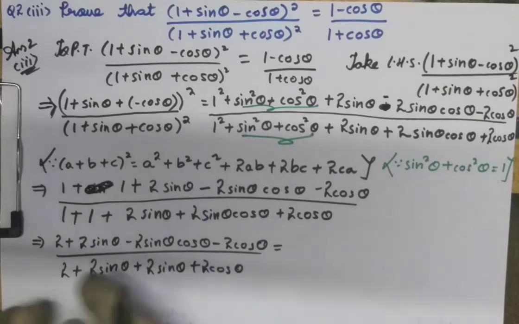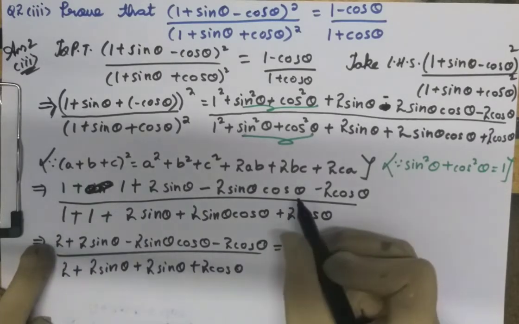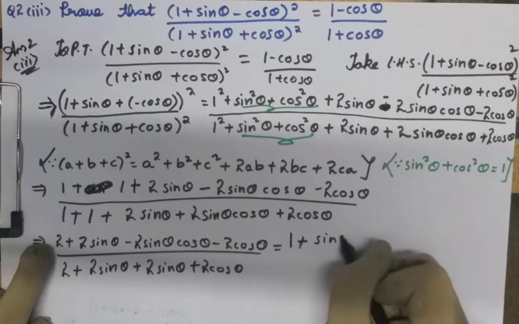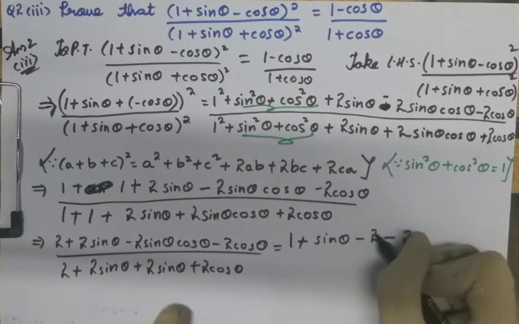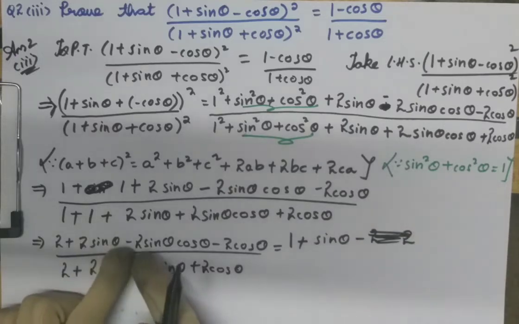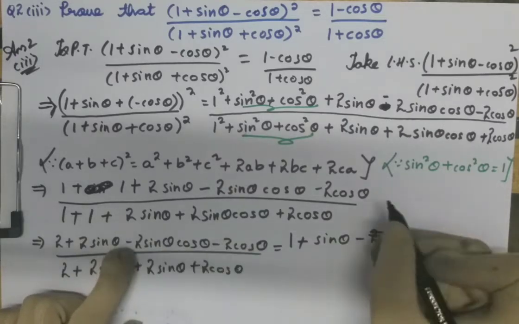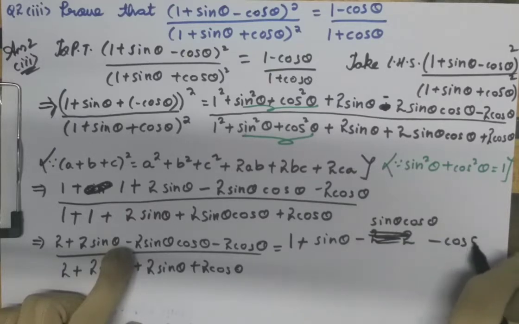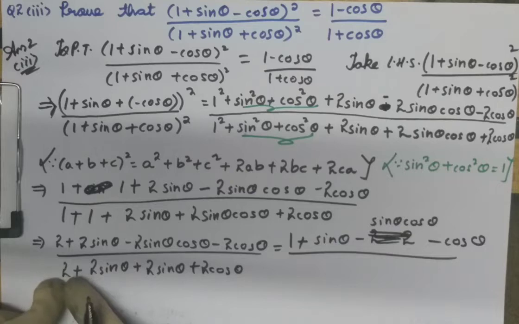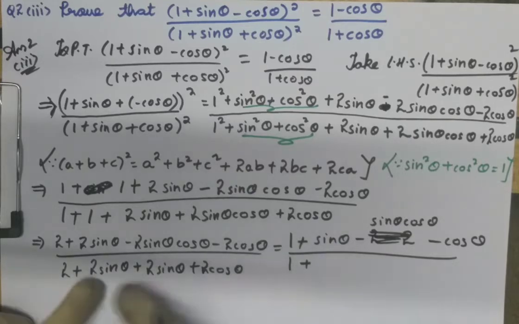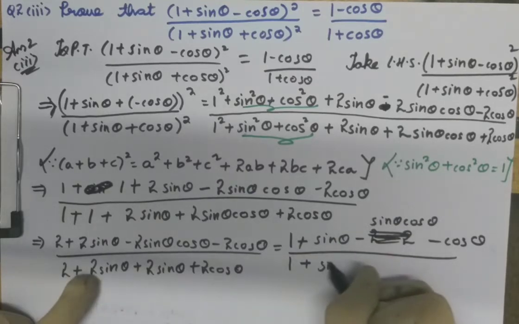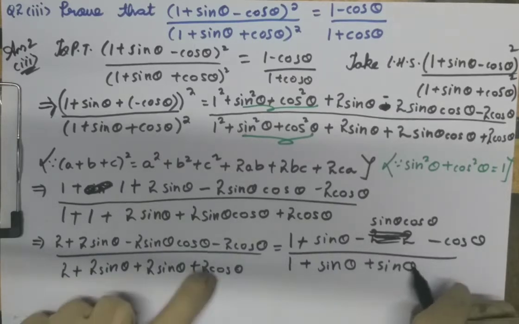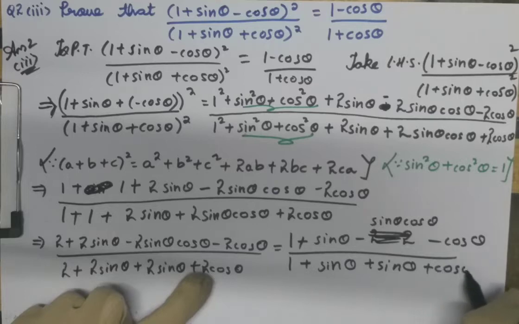So this we can write as 2 divided by 2 is 1, plus 2 sine theta divided by 2, you will get sine theta, minus 2 sine theta cos theta divided by 2, you get minus sine theta cos theta, and minus cos theta, whole divided by 2 divided by 2 is 1, plus 2 sine theta divided by 2 is sine theta, plus 2 sine theta cos theta divided by 2 is sine theta cos theta, plus 2 cos theta divided by 2 is cos theta.